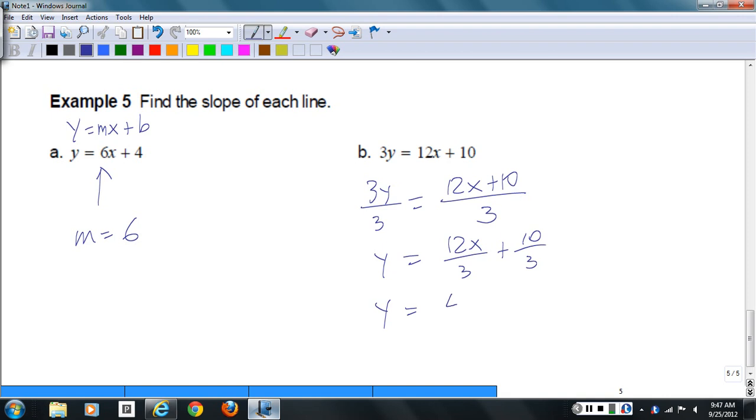So y equals 4x plus 10 thirds. What's the slope? 4. There we go. So not difficult, but just a way to use the slope-intercept form to find the slope of a line. I think it's easier, shorter, sweeter than finding 2 points that satisfy the equation and then using the slope formula.